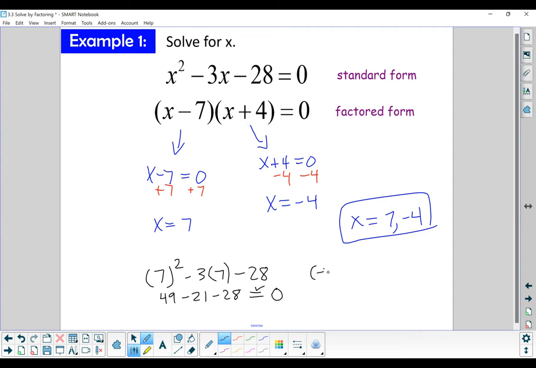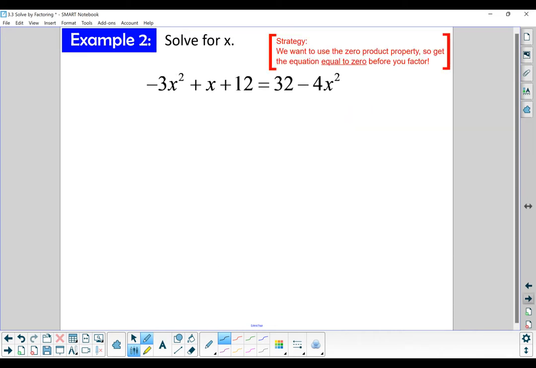And if we sub in negative 4, we get 16 plus 12 minus 28 equals 0. So both of our answers work. Remember, when you're solving equations, you can always sub them back in and see if it works. So factoring is really powerful. It's a very powerful way to solve equations like this.